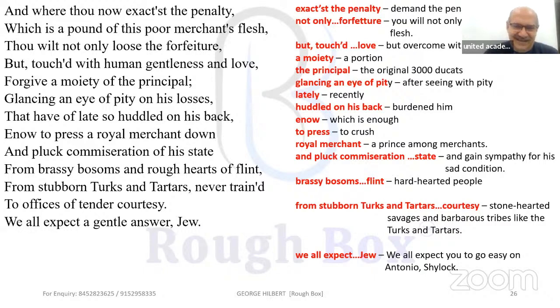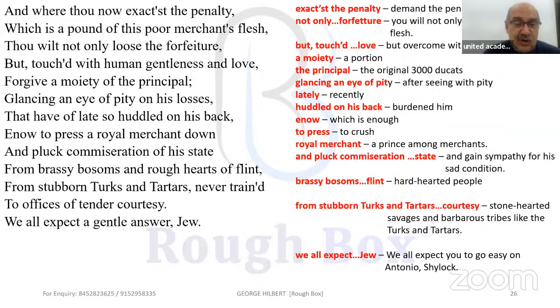After looking with pity and sympathy upon the problems that Antonio had to face recently, which have burdened him to such an extent that it is enough to even crush a prince among merchants, and which was enough for Antonio to gain sympathy from hard-hearted, savage people like the Turks and the Tatars, who never knew what it was to be kind, compassionate, and forgiving, he tells Shylock, we all expect you to go easy on Antonio.